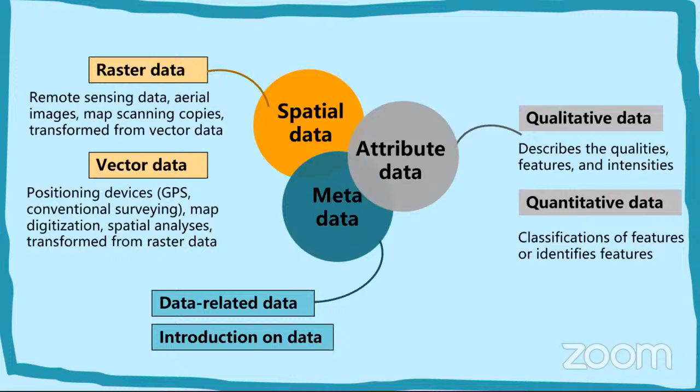Raster data is basically from remote sensing data, aerial images, and map scanning copies, and it can be transformed from the vector data. While the vector data comes from positioning devices such as GPS, conventional surveying, map digitization, and spatial analysis, and it can also be transformed from the raster data.